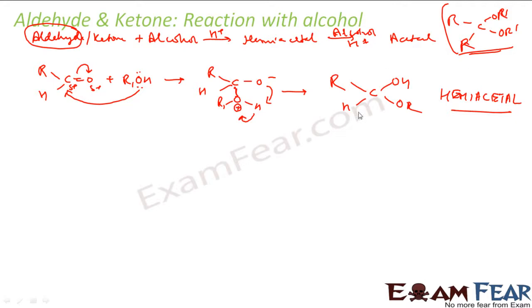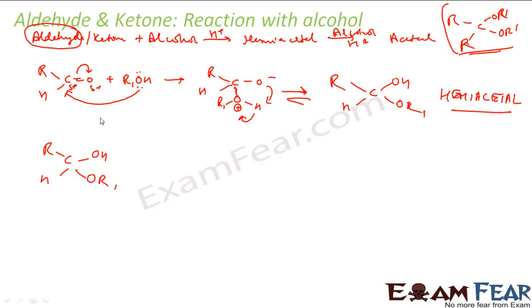Now this reaction happens in equilibrium actually. It's all an equilibrium reaction. So now you add more and more alcohol. With this, I'll show you, you'll form acetal. It's R1 actually.